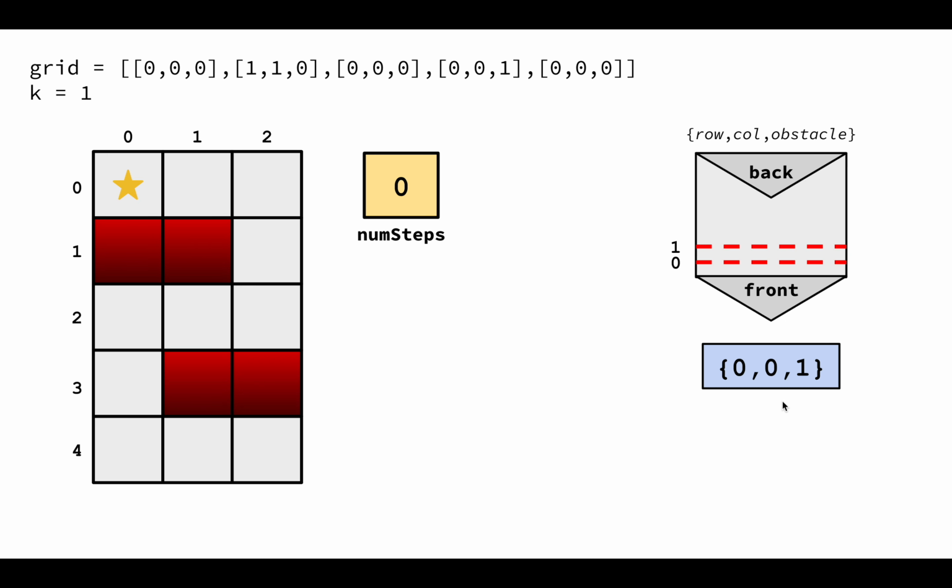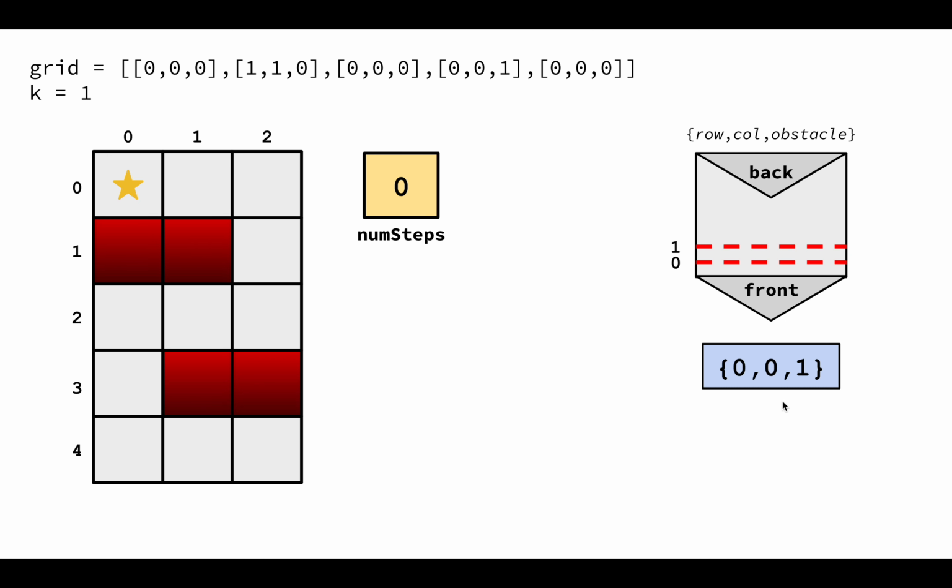Again, 1 is the row, 0 is the column, and the last element is 0 because we have eliminated an obstacle, and now we have 0 left in terms of our balance of how many obstacles we can eliminate. And that's it for the different elements we can go to with only 1 step. So this was our 1 step section, and now we hit 2 steps.